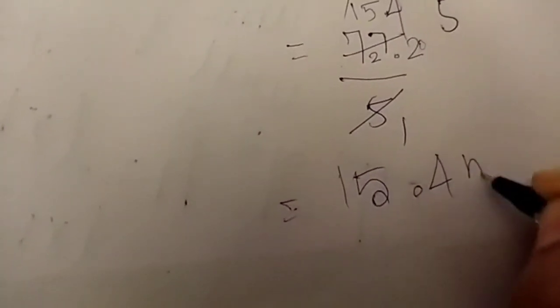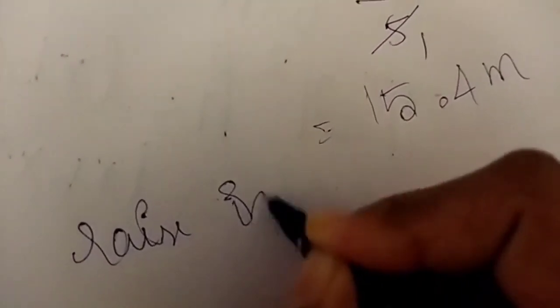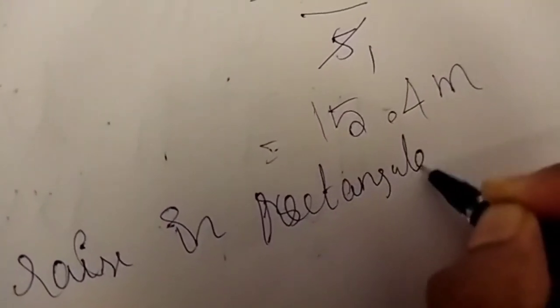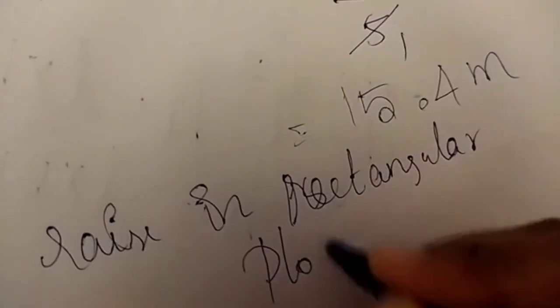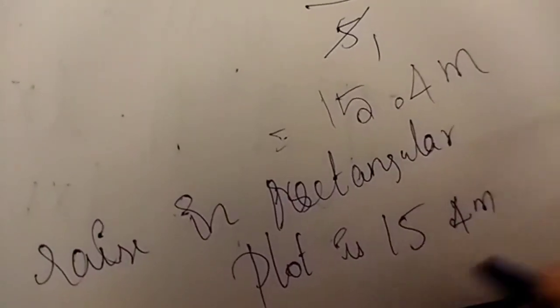So the answer is 15.4 meter. The height of the rectangular plot, or raise in the rectangular plot, is 15.4 meter. Okay, let's go to the next sum.